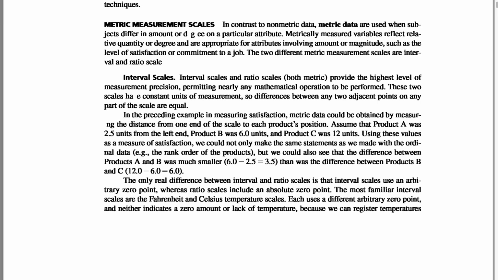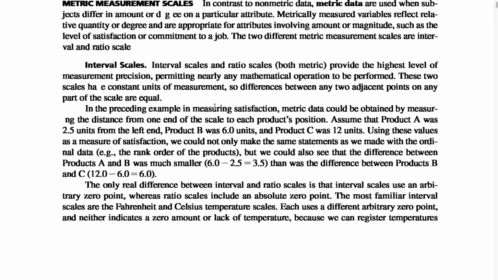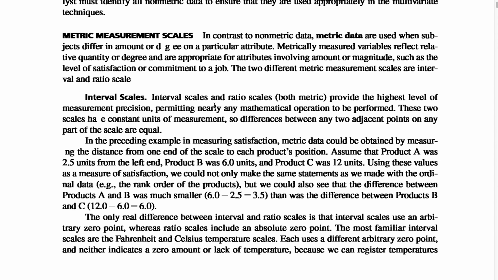In this video, I will talk about metric measurement scales, and this is the third video in an overview of multivariate methods. Let's first talk about metric measurement scales. In contrast to non-metric data, metric data are used when subjects differ in amount or degree on a particular attribute.